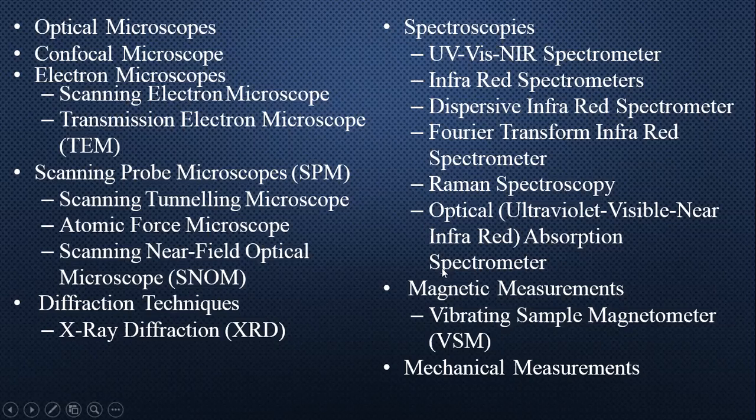So optical absorption spectrometer that we can also use. The next characterization method is magnetic measurement. It can be done by vibrating sample magnetometer, also abbreviated as VSM. And the last one is the mechanical measurements.